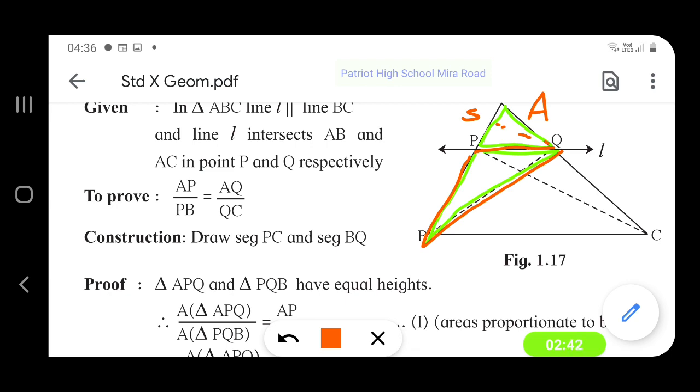Similarly, if we take the two other triangles APQ and PQC, their ratio will also be like area of triangle APQ upon area of triangle PQC equal to the ratio of their bases, that is AQ upon QC.